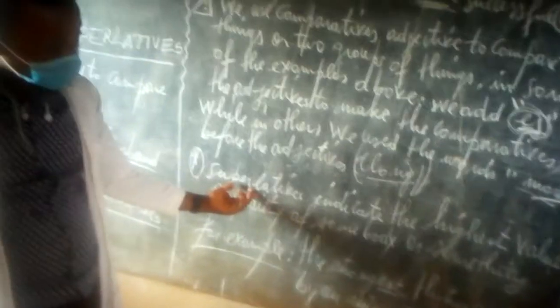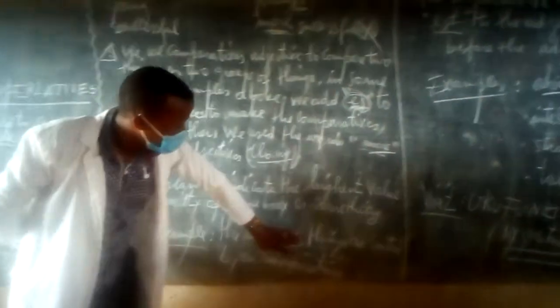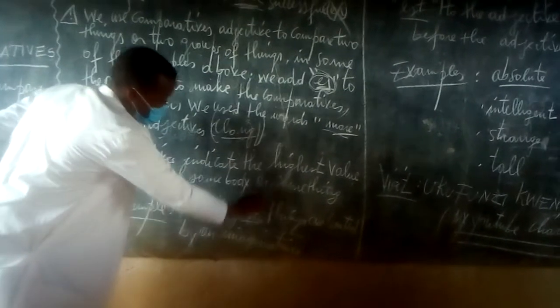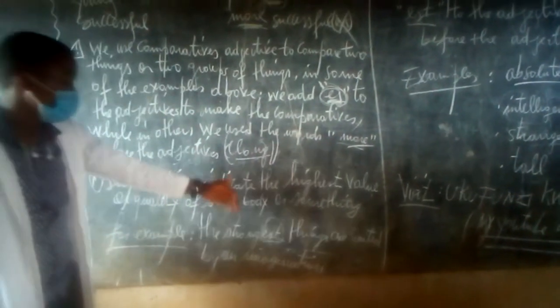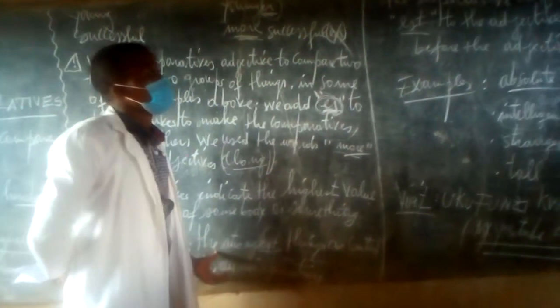The superlative form refers to the highest value or quality of something. That form of superlative shows us that our imagination refers to the strongest thing we have in our community.